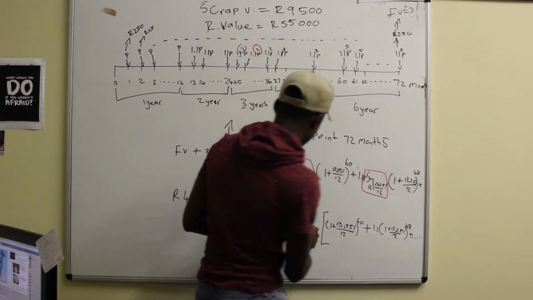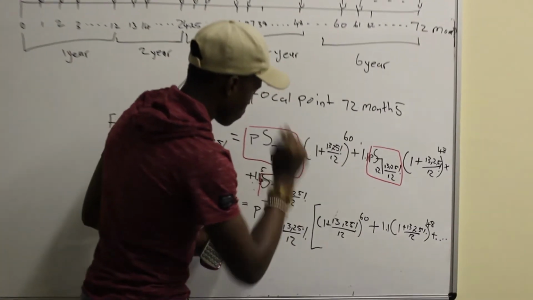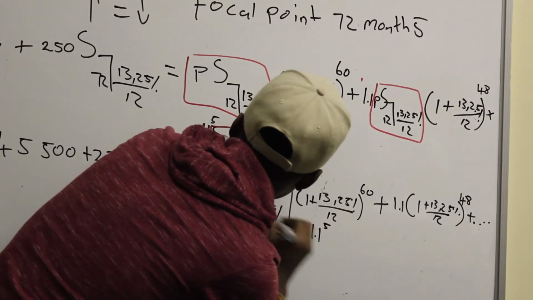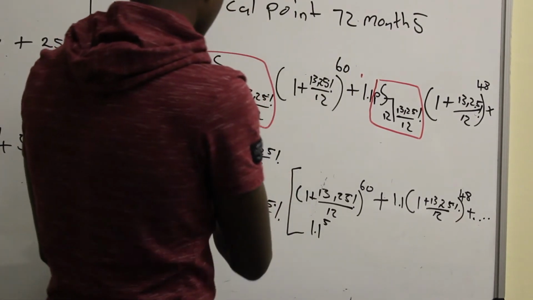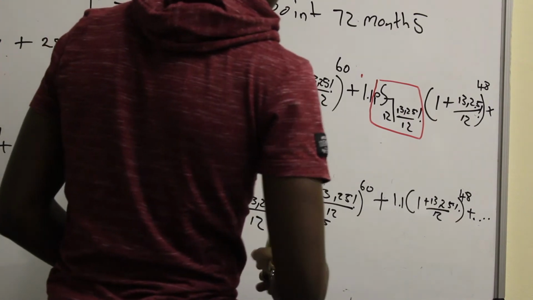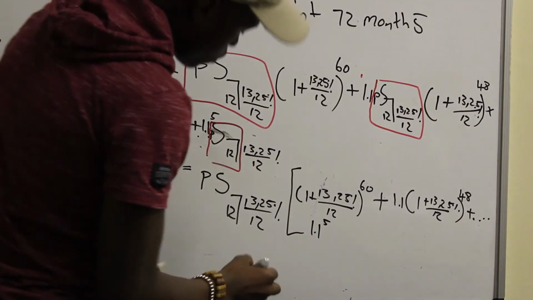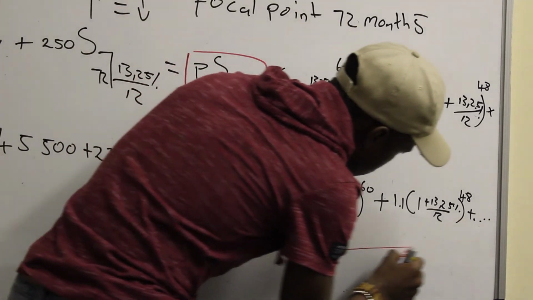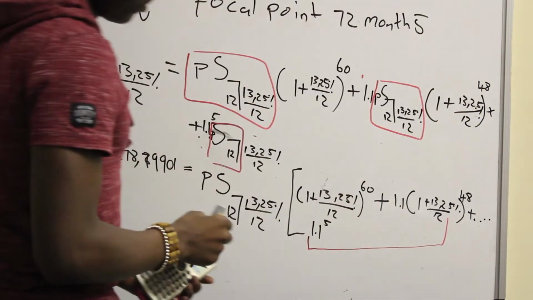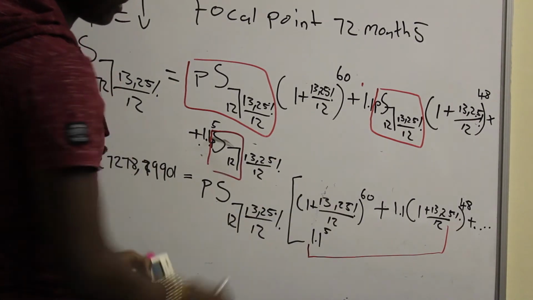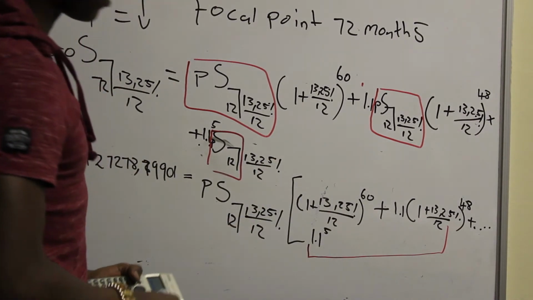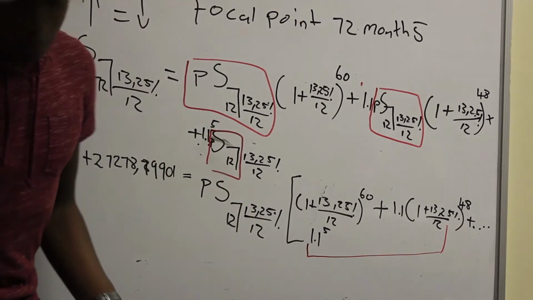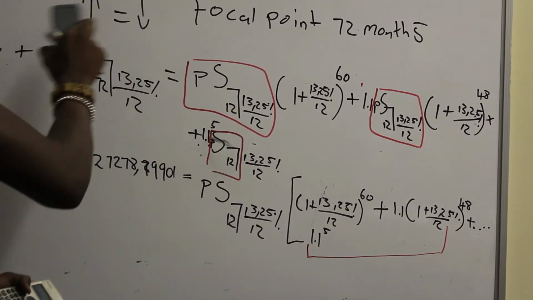I'm only left with 1.1 to the power of 5 only, right? We can't find it as it is like this, so we can just use the sum formula to find what is inside here. I hope you copied everything down.